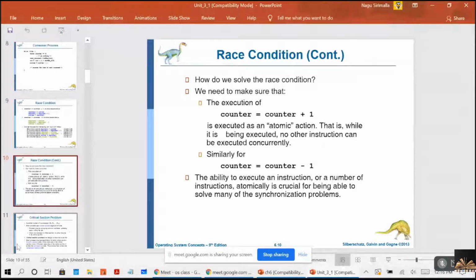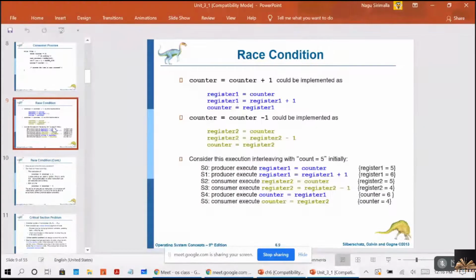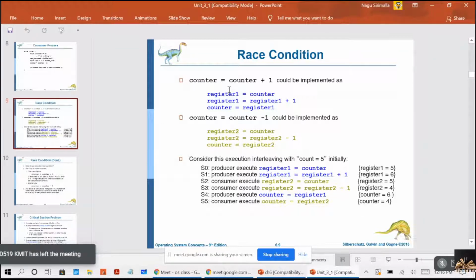That means at a time, only one process should be using the counter, either the producer or the consumer. After the producer has executed, only then is the consumer allowed to execute it, and vice versa.